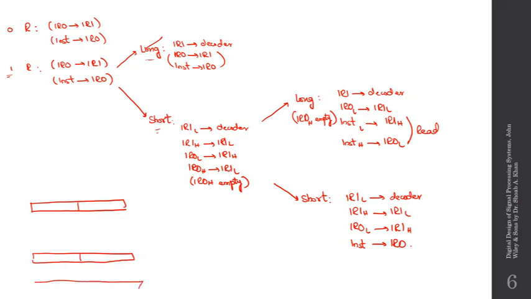Initially we'll require a multiplexer right after IR1. The aim of this multiplexer is to send either 16-bit data from IR1 or a 32-bit data.